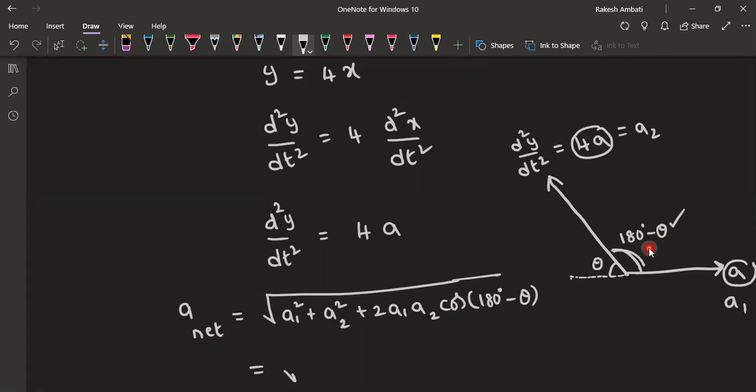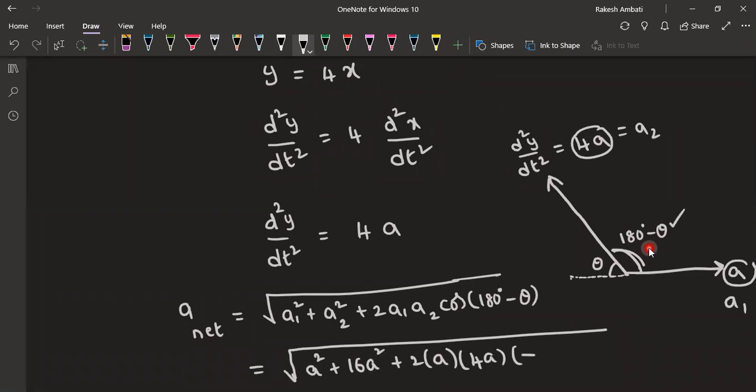One acceleration is a, call it a1, and the other, a2, is 4a. So root over a square plus 16a square plus 2 into a into 4a, cos of 180 minus theta, which is minus cos theta. You simplify, so that is the final equation. So it is about accelerations.